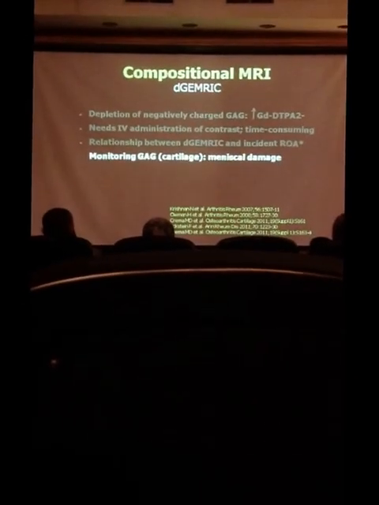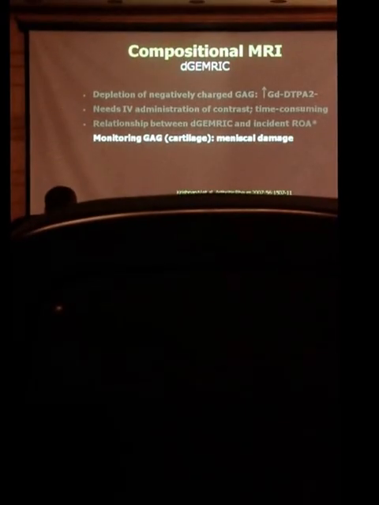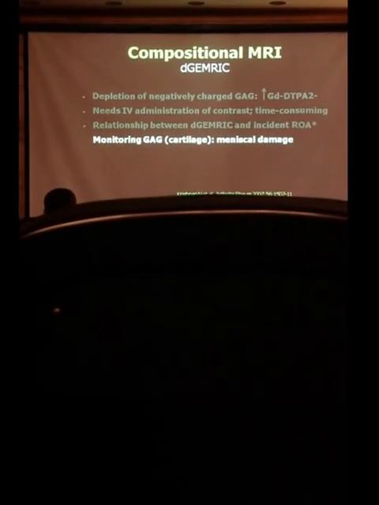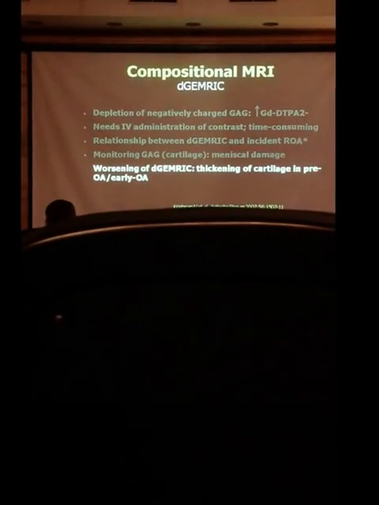We did some work with the dGEMRIC recently with our group in Boston, and we showed that we can monitor the GAG content within the cartilage regarding the presence or not of meniscal pathology. And I show an example that will be easier to understand.